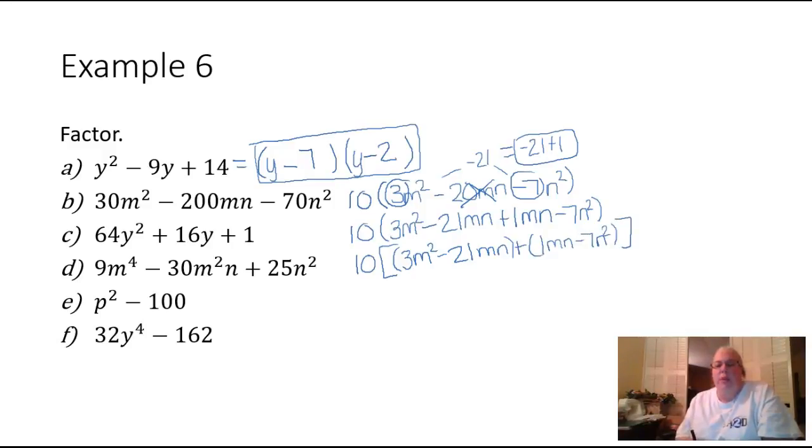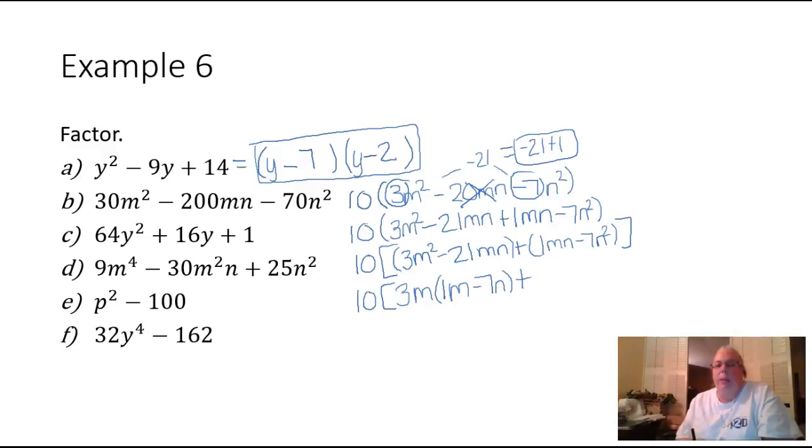And now I'm going to find the greatest common factor. So let's see, 3 can go into 3 and 21. And both of these terms have an m. So 3 goes into 3 one time. And then m squared divided by m, that's just m. 3 goes into 21 7 times. And mn divided by m is just going to leave me with that n.